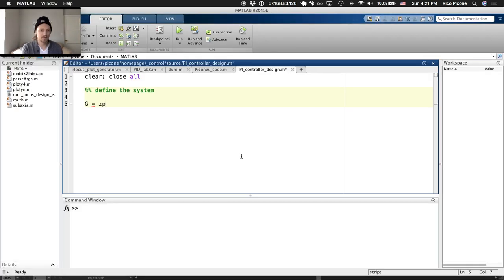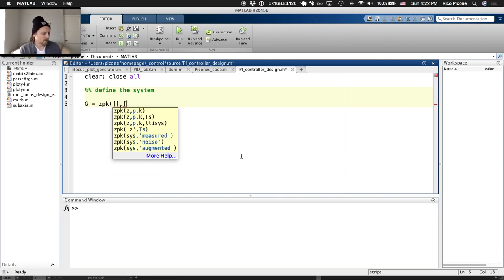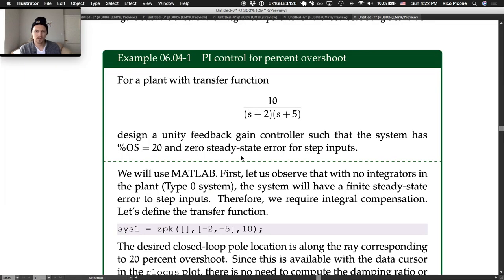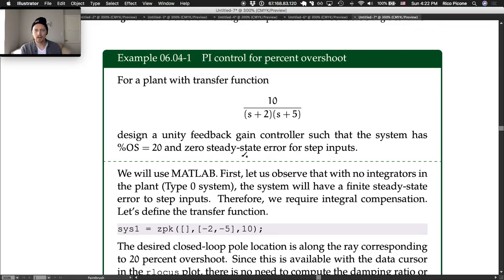So we'll just use ZPK, and what we need first are the zeros. There are no zeros, right? So empty array. The poles are at -2 and -5, right? And then the gain is 10.